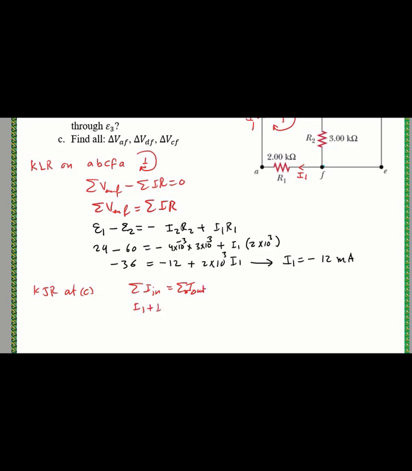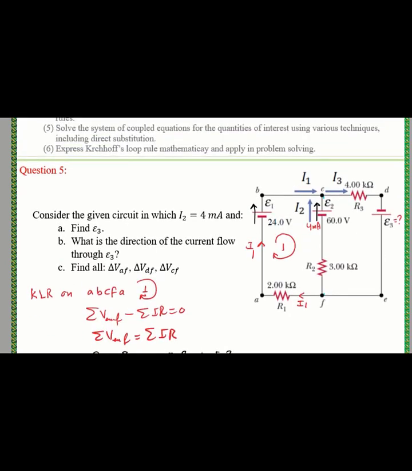I1 plus I2, they are in. I3, it is the out. So I will find I3. I1 is 4 milliampere plus I2, it is minus 12 milliampere. I use the magnitude with the direction I am getting from the equation, equals I3. Now I3 equals minus 8 milliampere. Again, I3 is in the opposite direction suggested by the diagram.